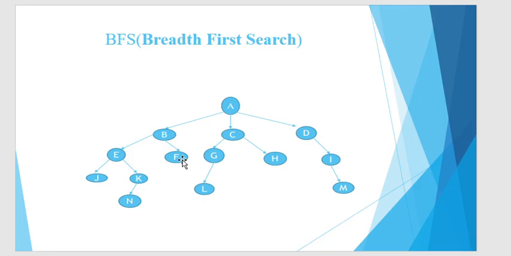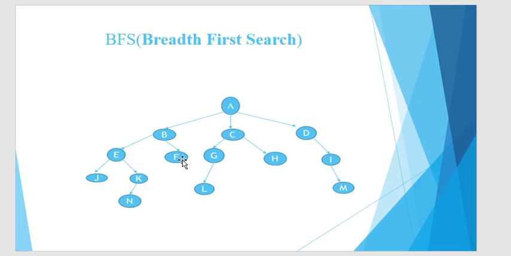In this way, we just have to keep on going. Then we remove D from here. We already have elements E, F, G, H in the queue, but the meaning of removing D is where is D taking us? It is taking us to I, so we have inserted I from the tail.